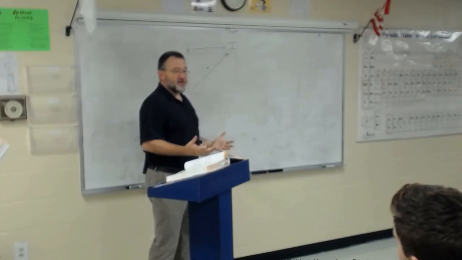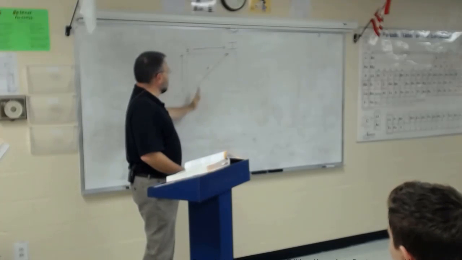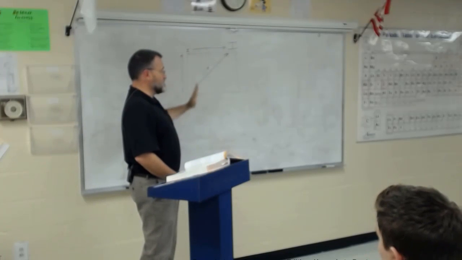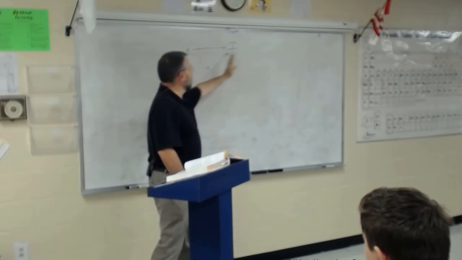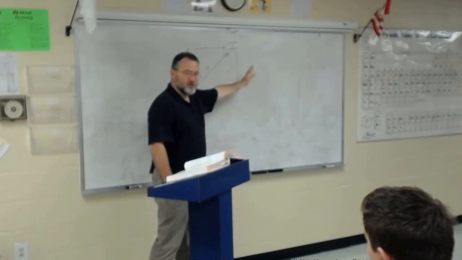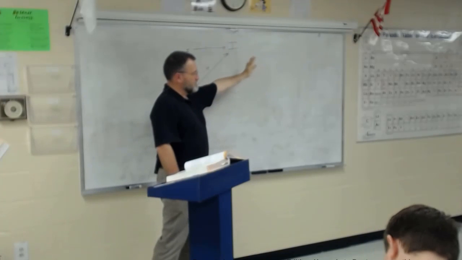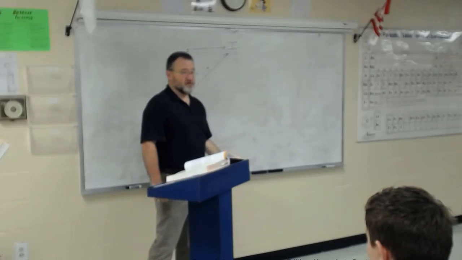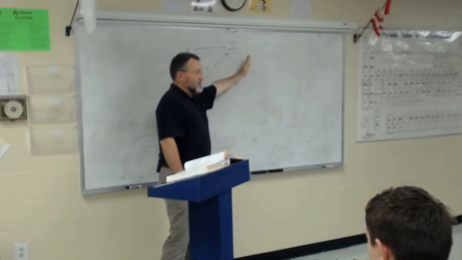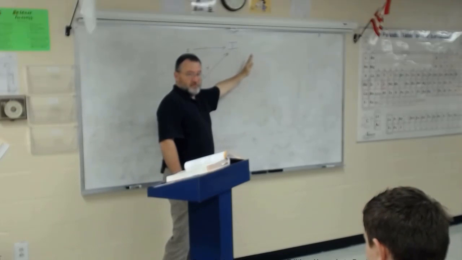If you're given 2 elements in a column, which one has a greater ionization energy? The higher one. If you're given 2 elements in a row across, which one has more ionization energy? The one farther to the right. Which means that element is going to hold on to its electrons. It's harder to get them away the higher the ionization energy.